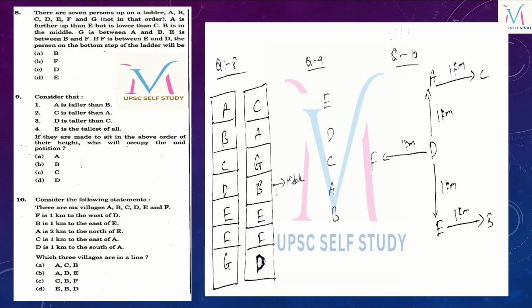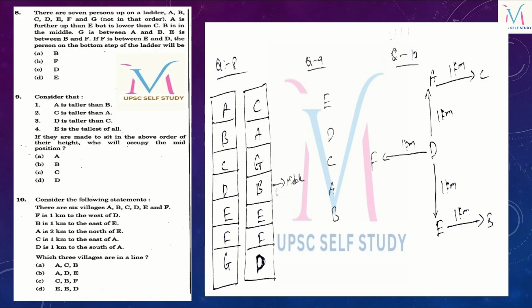If you look into the question, A is further up than E but lower than C. A is above E, and lower than C. A should be above E and lower than C.